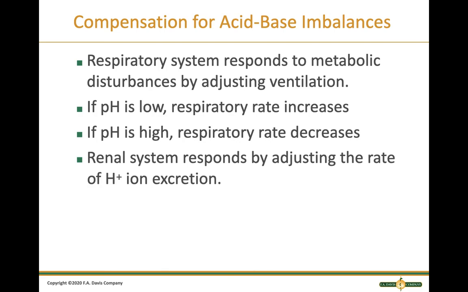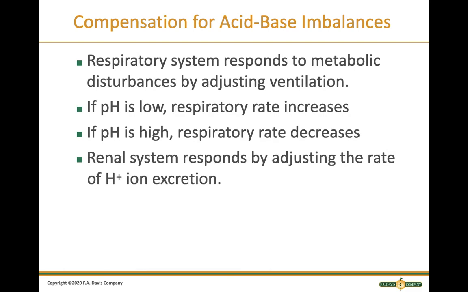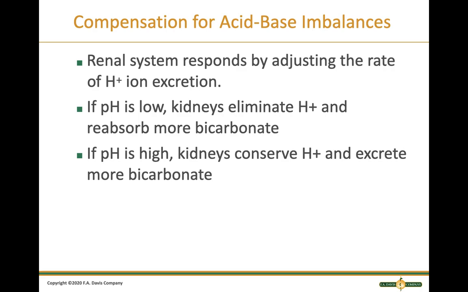And then how the renal system compensates for a low pH, it adjusts the rate of hydrogen ion excretion. So if the pH is low, kidneys will eliminate hydrogen and reabsorb more bicarbonate and get the pH back up. If the pH is high, kidneys will conserve hydrogen and excrete more bicarbonate.